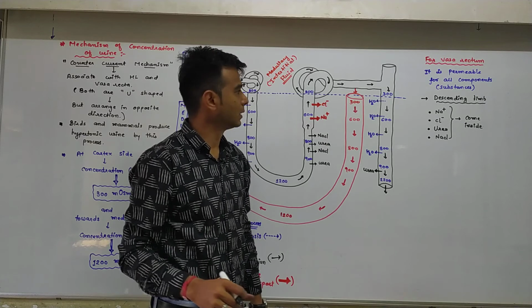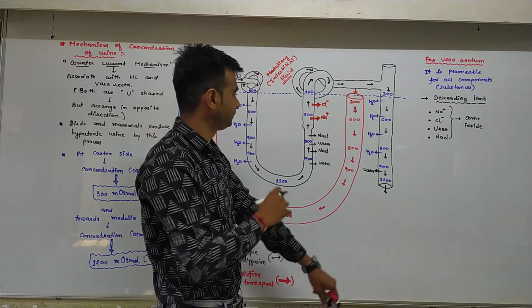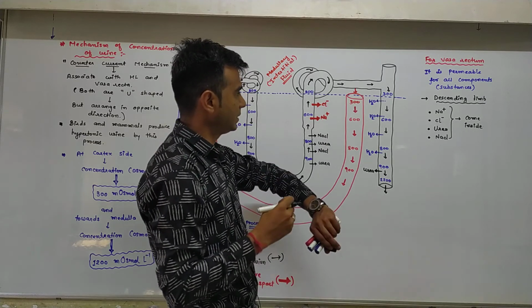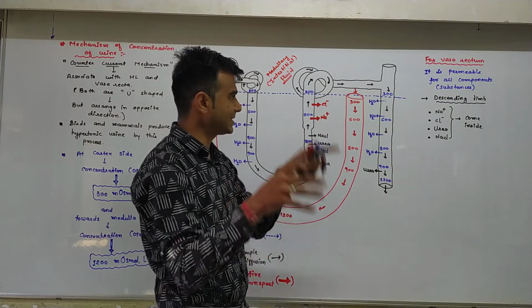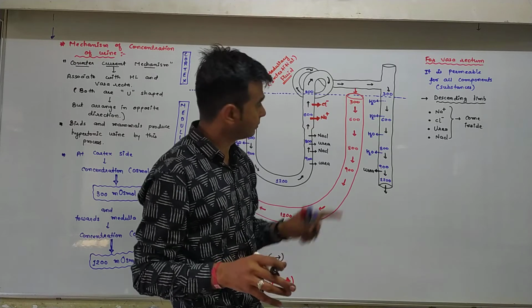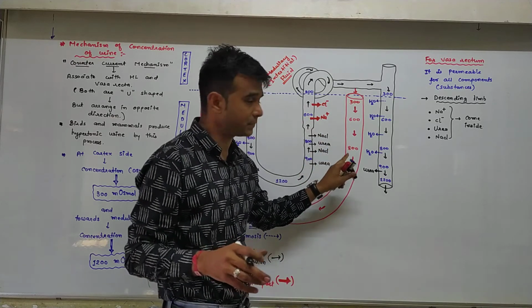Na+, Cl- and urea all come inside the descending limb of the vasa recta.